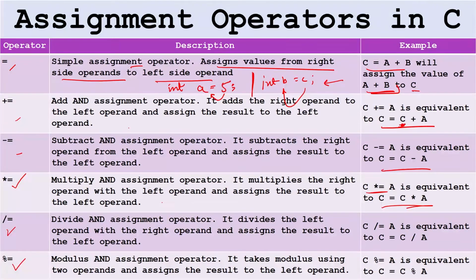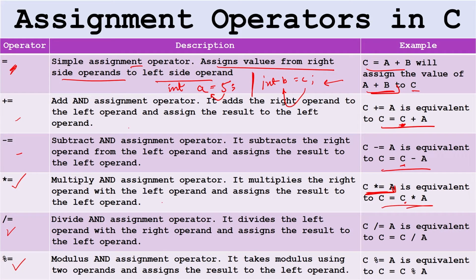Instead of writing this extra C over here, in every case writing this will be enough, that is C star equal to A, or C minus equal to A, or C plus equal to A will mean the same as C equal to C plus A, C equal to C minus A, or C equal to C product of A. So this was about the assignment operator. The main operation of the assignment operator is this equal to, that is to assign value.